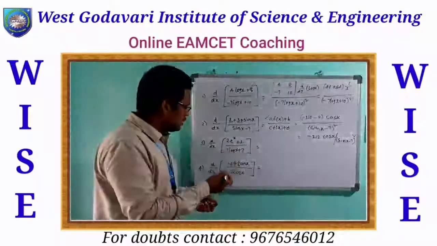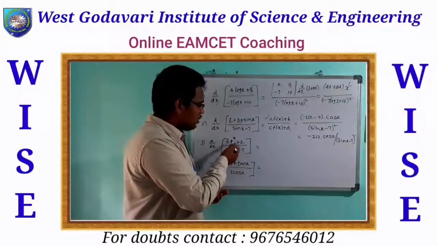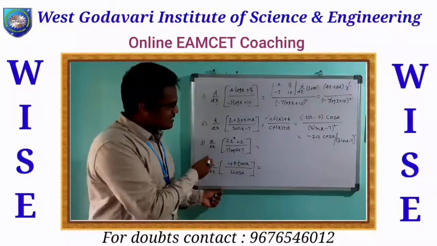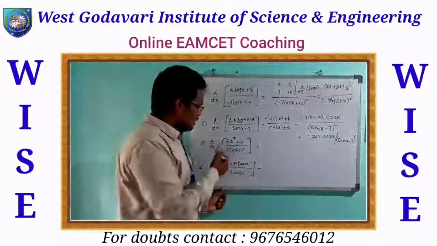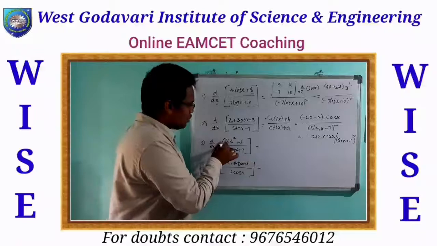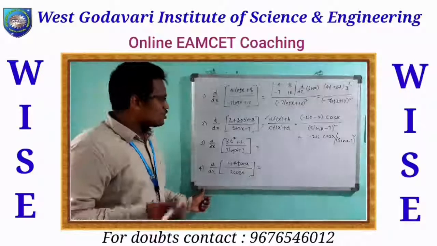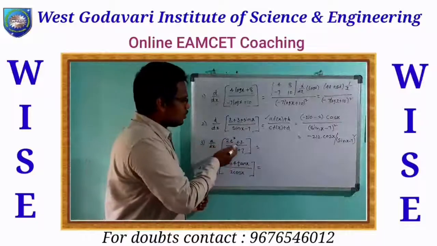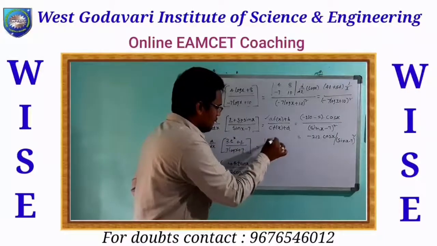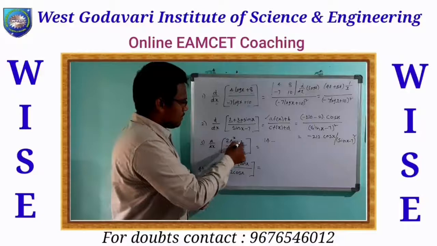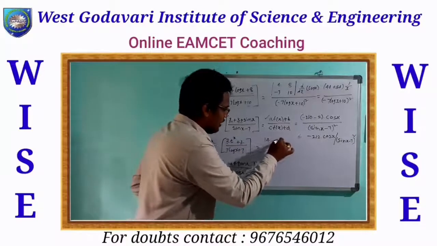So coming to the next one, d by dx of 2 into e power x plus 2 by 7 log x plus 7. In this, the a value is 2, b is 2, c is 7 and d is 7. So applying AD minus BC, 2 into 7 is 14 minus BC, 2 into 7 is 14.